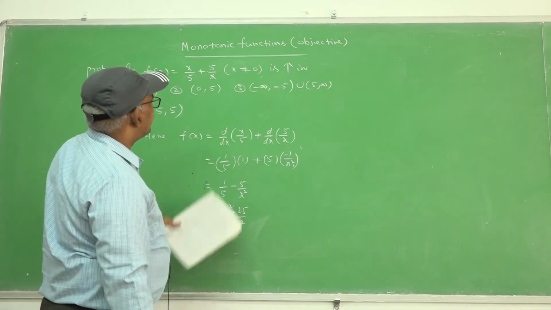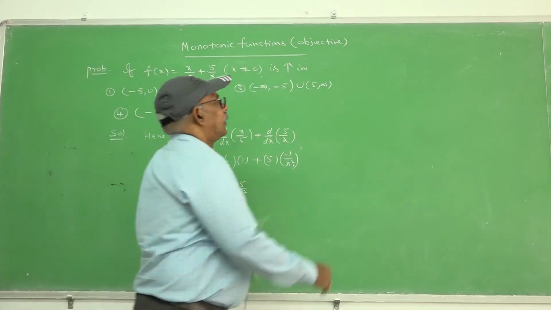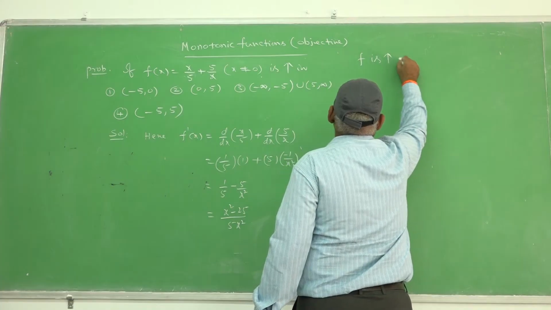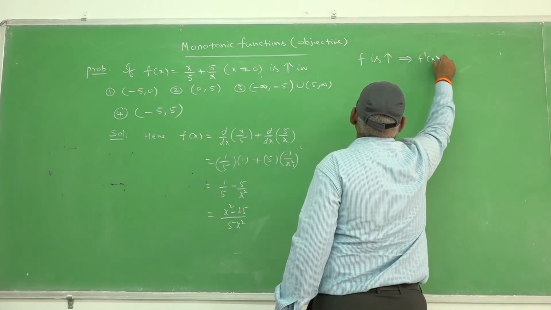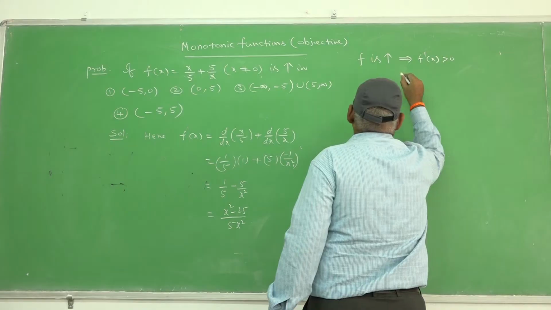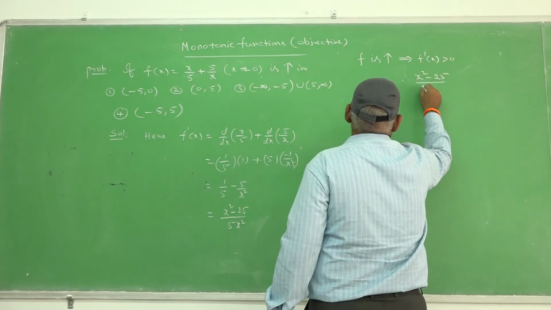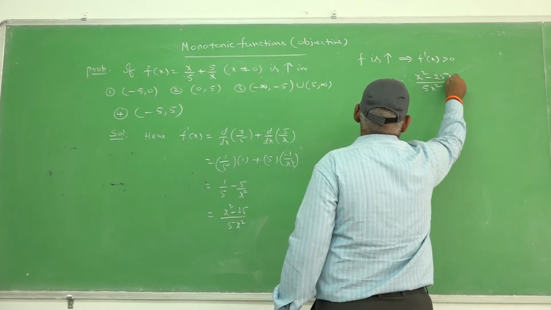Now the function is increasing. f is increasing implies f dash x is positive. Hence, x square minus 25 by 5x square is greater than 0.